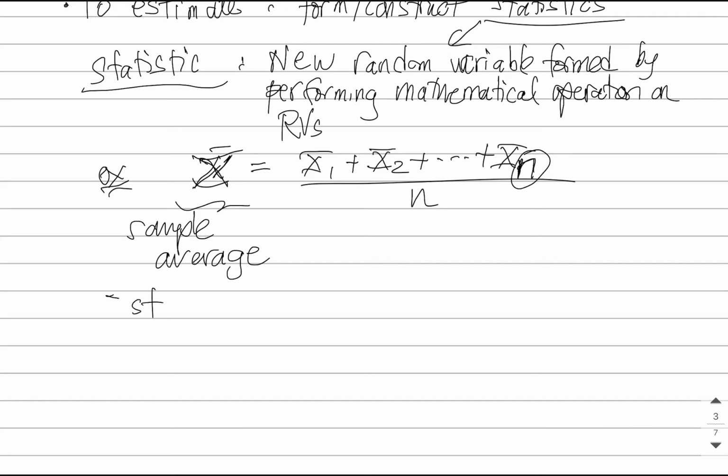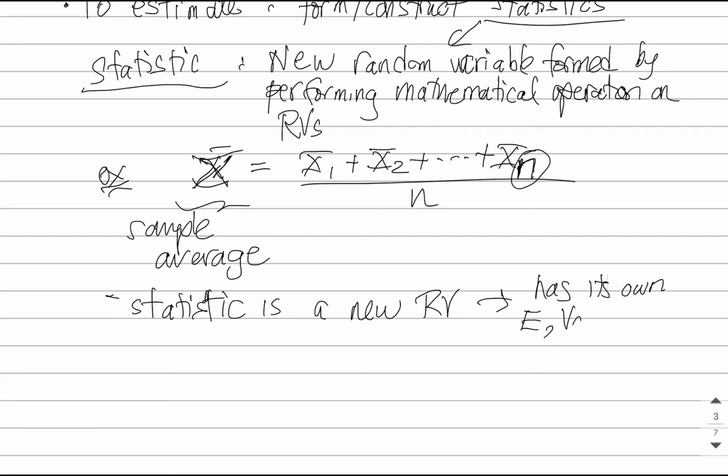So a statistic is a new random variable. It has its own expected value, it has its own variance, it has its own distribution. We are not yet going to worry about what those things are.